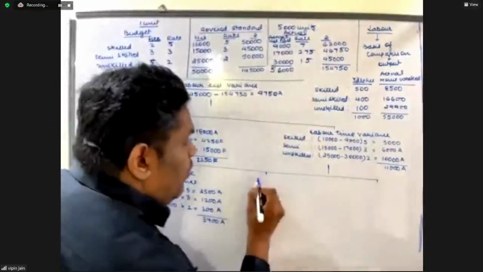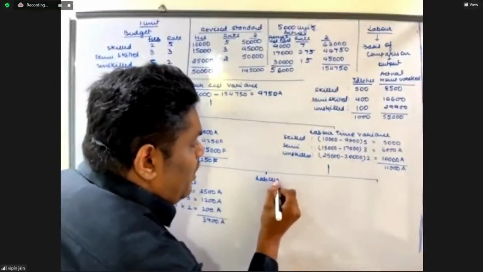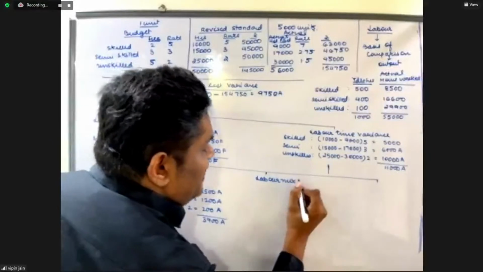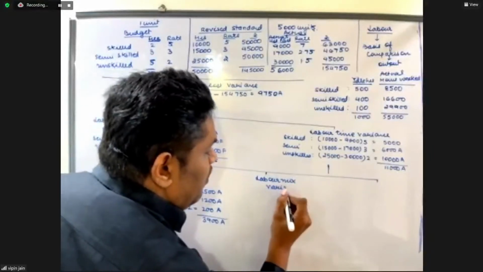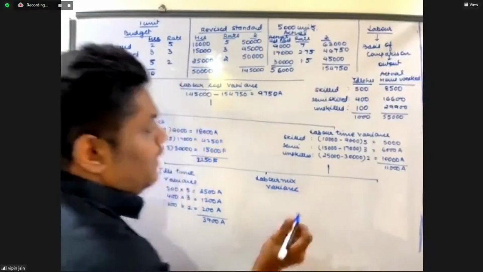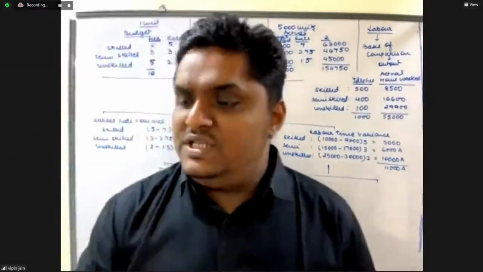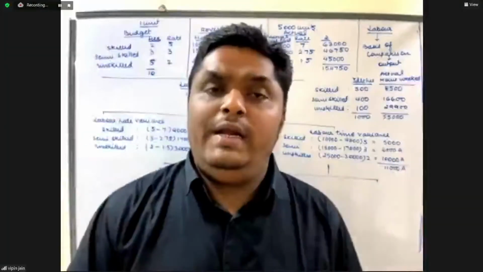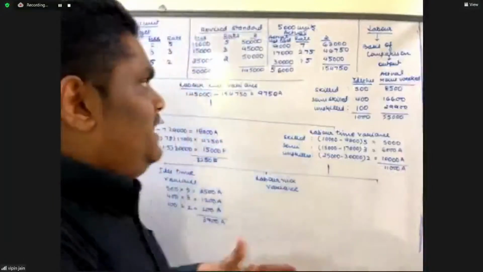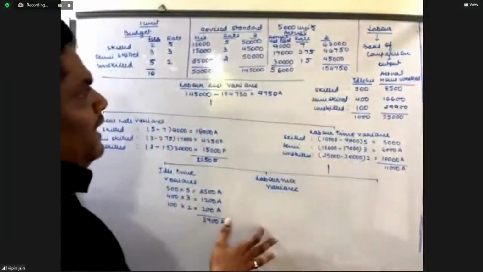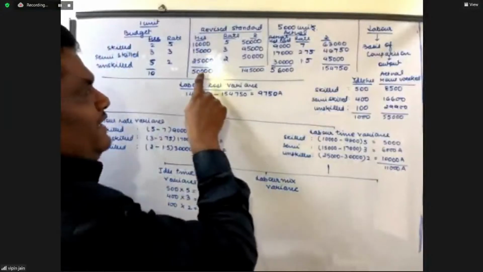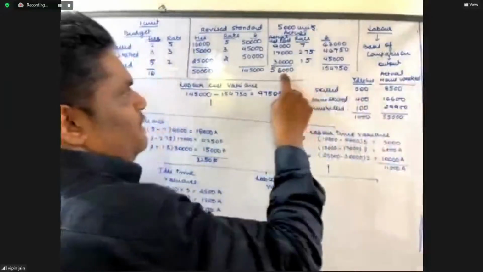Now, when talking about labor mix variance, there will be a change. Let's take a very basic situation, guys. Please try to understand. Don't try to memorize the formula. See, when talking about difference, there was a difference of 50 to 56,000.